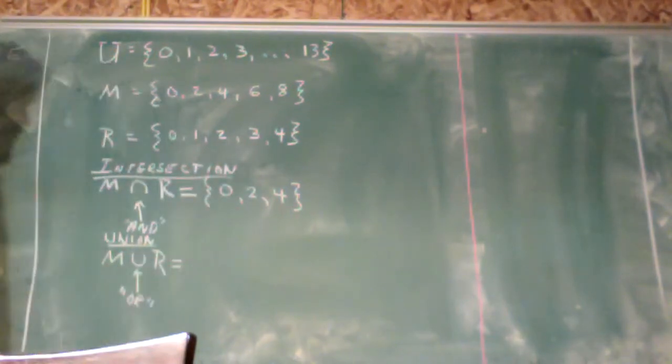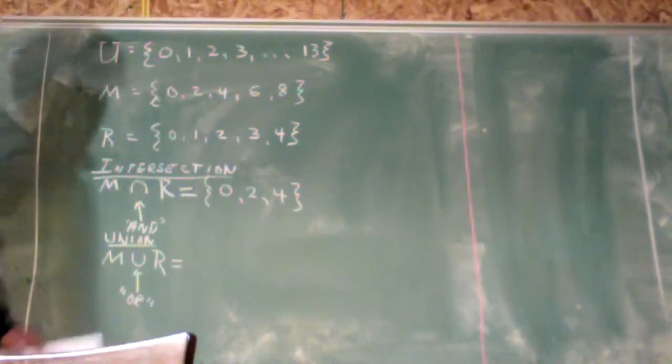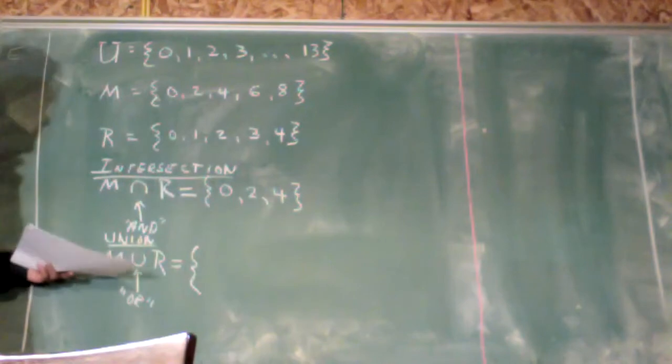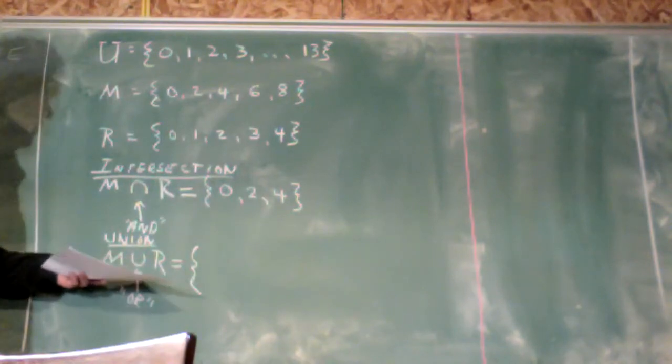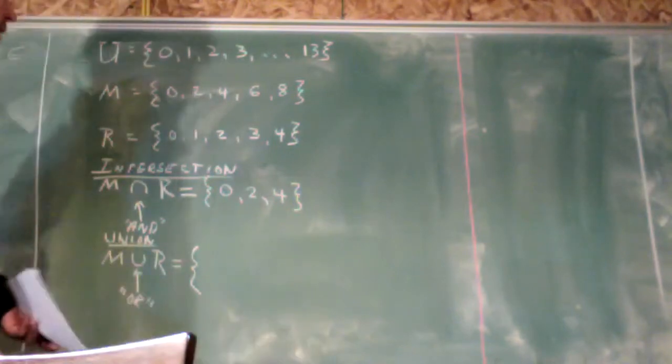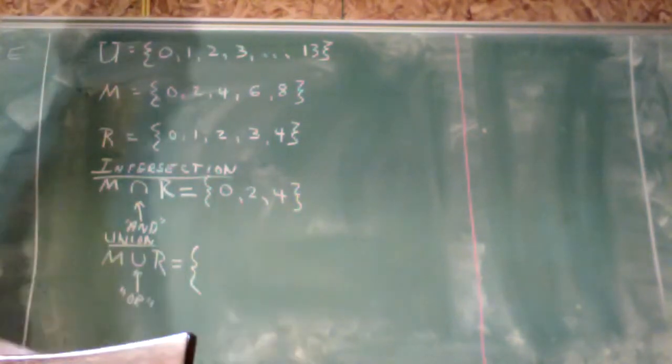The union asks us to construct the set whose elements are either elements of M or elements of R. So all we're doing is collecting, collating all the elements that are in either one of these sets.